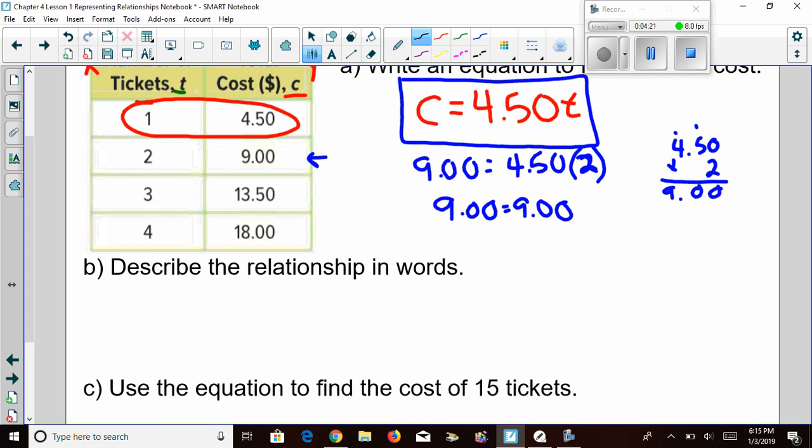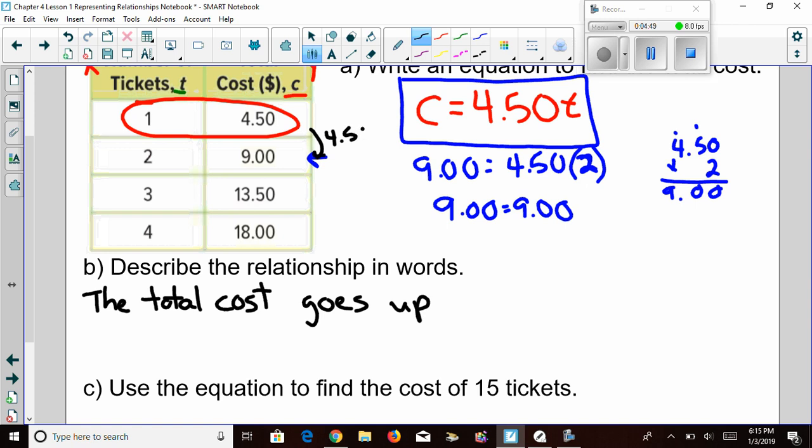We're going to say the total cost goes up. And let's go ahead and describe how it goes up. We see each time it is increasing by that 4.50.